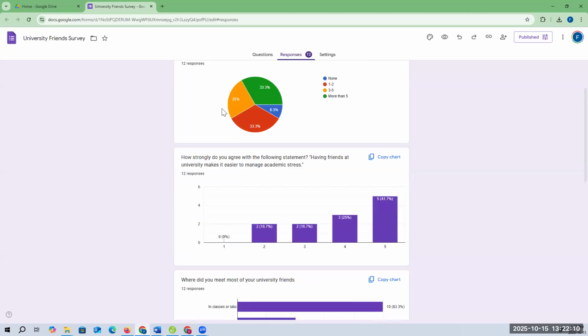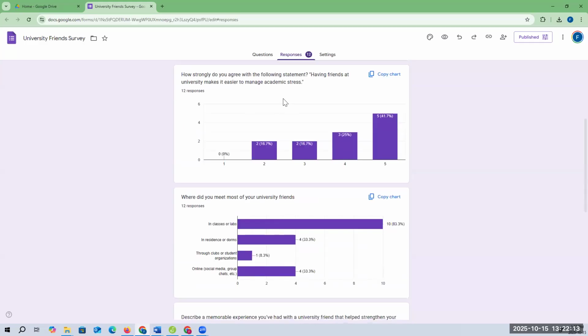How strongly do you agree with the following statements? Having friends at university makes it easier to manage academic stress. Surprisingly, 5 out of 12 students said having friends does make it easier to manage academic stress. So if I had a larger sample size, about 100 students, maybe around 70% would say having friends at university makes it easier to manage academic stress, right?